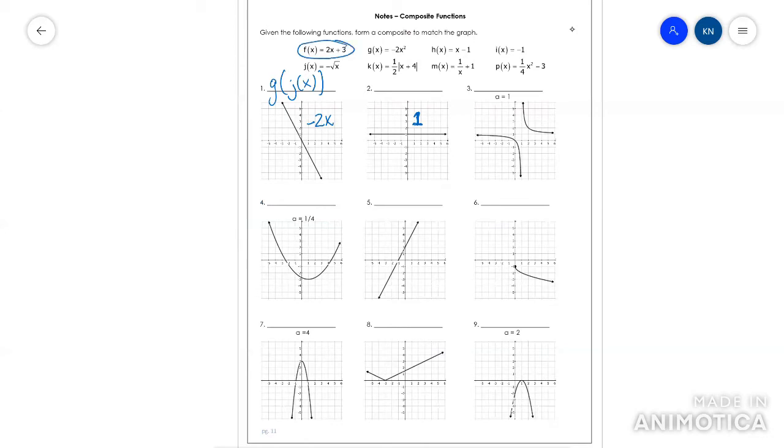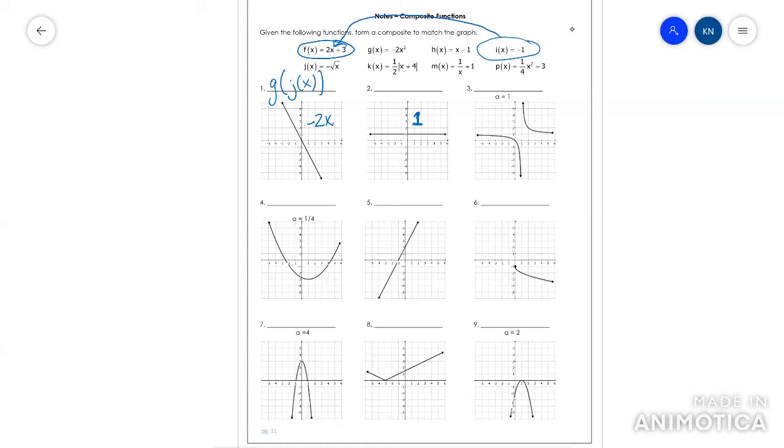All right, to get this one, I'm going to use f and I. If I were to plug f into I, I couldn't, because there's no x there. So that's not an option. But what if I plugged I into the f of x function?